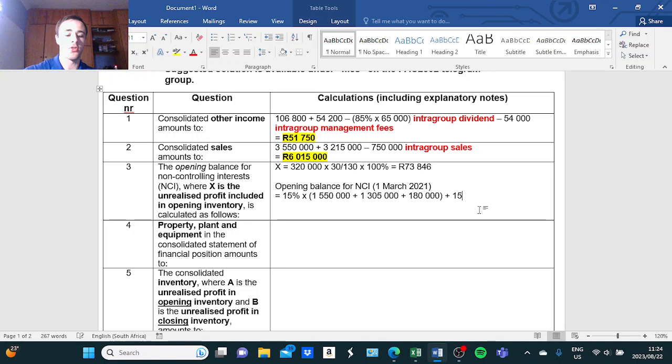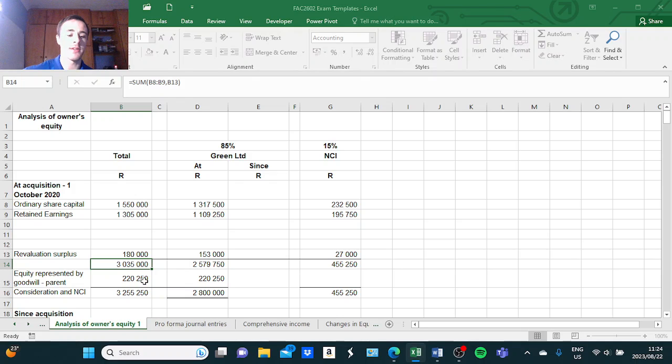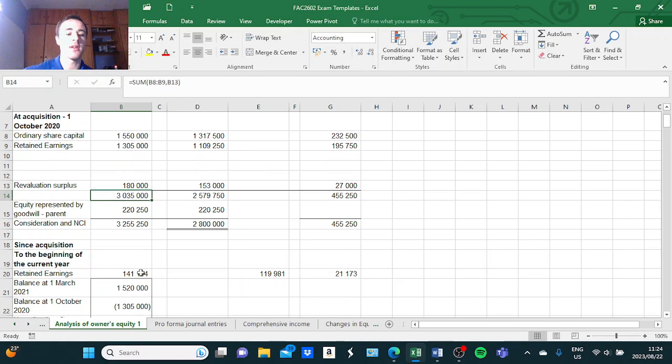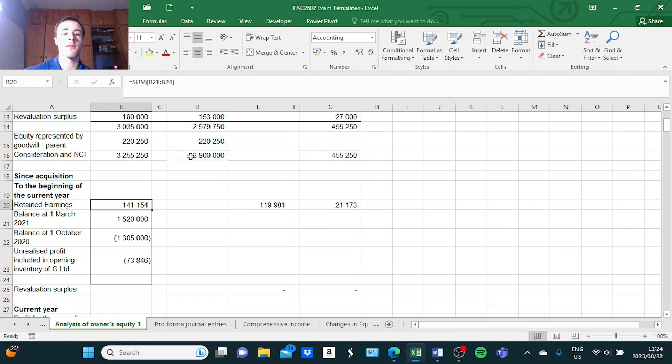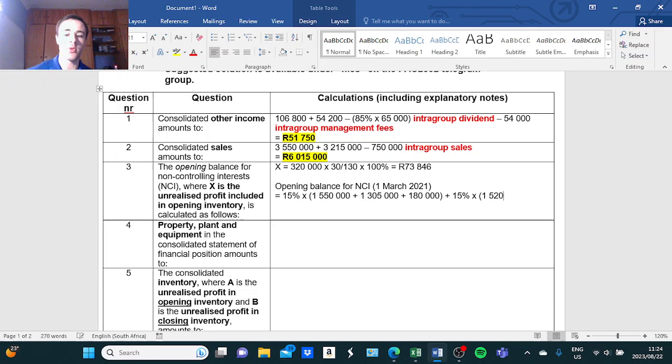So plus 15% times this amount right here. 15% of 141,154 is attributable to NCI, which was calculated as follows. We took the opening balance for retained earnings, which was 1,520,000.